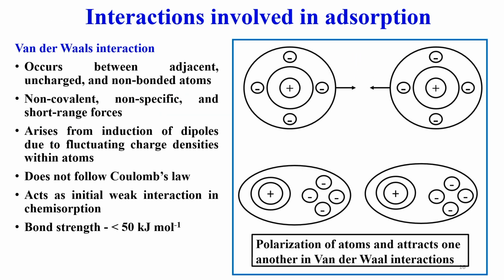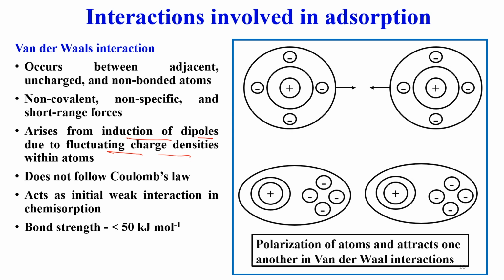Van der Waals interaction occurs between adjacent uncharged and non-bonded atoms. This is a non-covalent, non-specific and short-range force, and it arises from induction of dipoles due to fluctuating charge density within atoms.